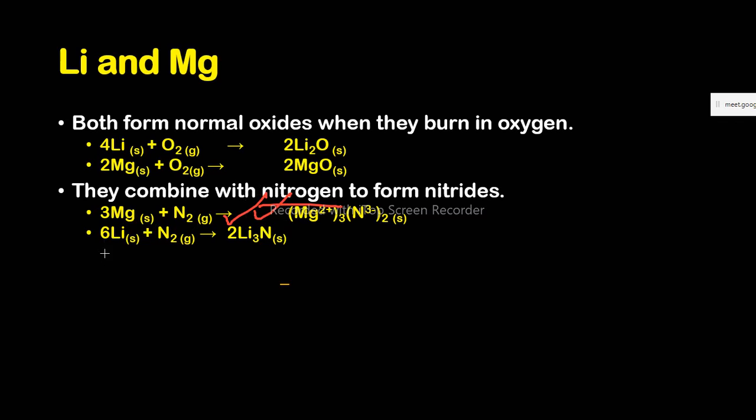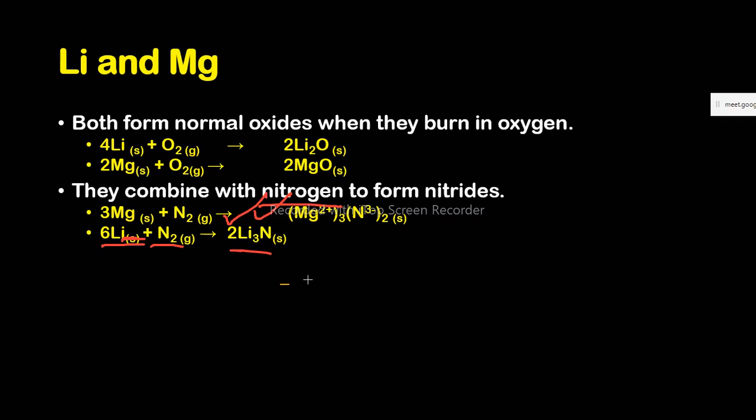Okay? And for example, you can check on this: lithium plus nitrogen, you form lithium nitride. And when you try to balance, nitrogen has a valence of 3, lithium has a valence of 1, then that's the compound that is formed.